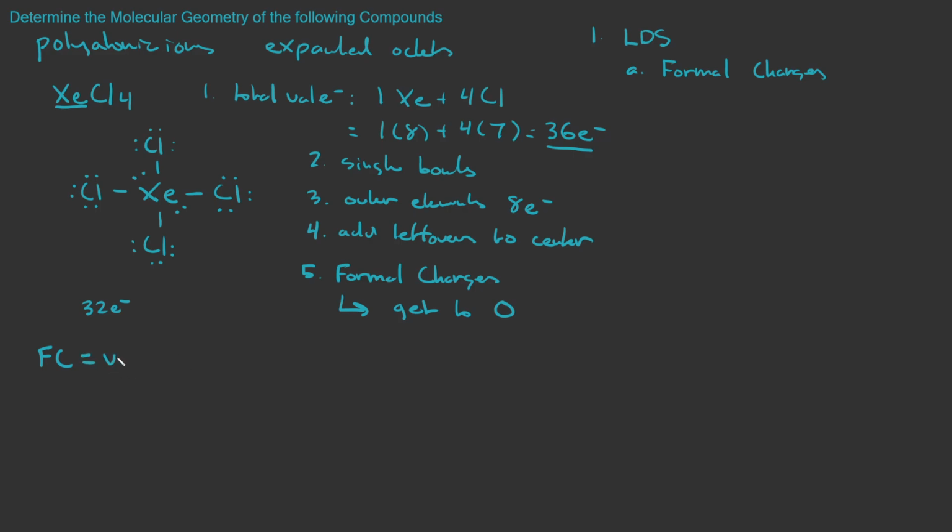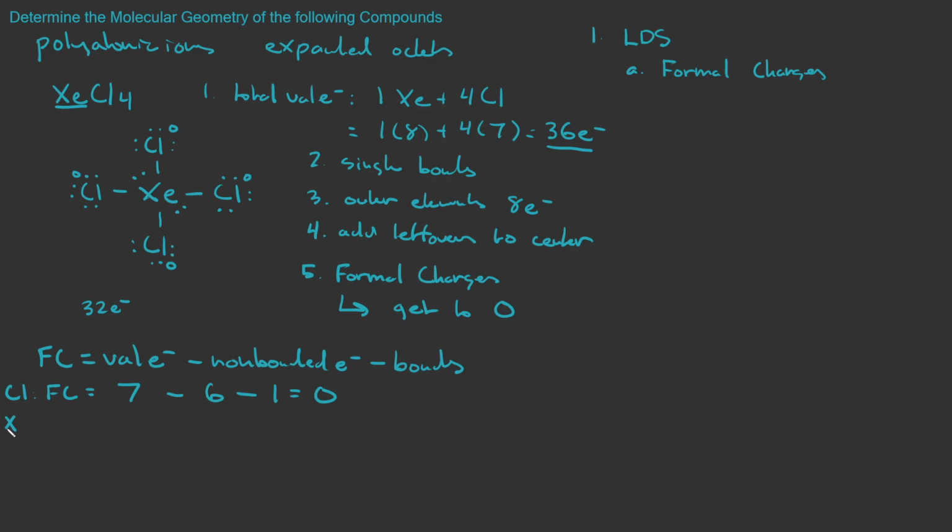And so let's calculate the formal charge of each of these things. Remember, formal charge is equal to valence electrons minus non-bonded electrons minus bonds. And so chlorine has 7 valence electrons minus 1, 2, 3, 4, 5, 6 non-bonded electrons minus 1 bond, and so it has a formal charge of 0. And so each of these chlorines has a 0 overall charge.